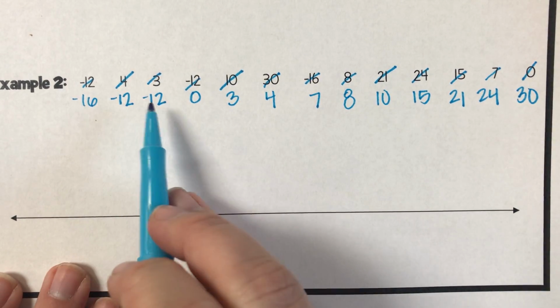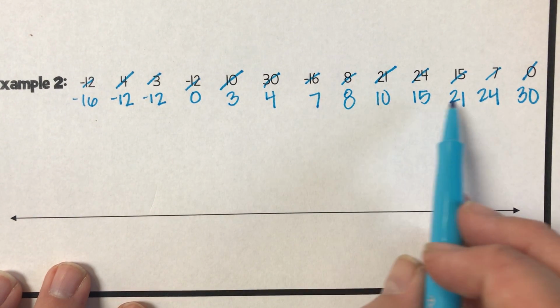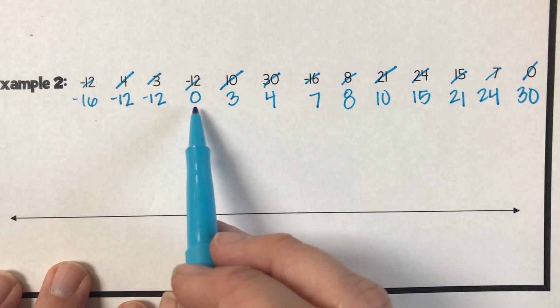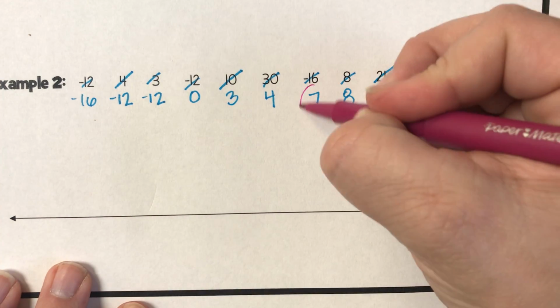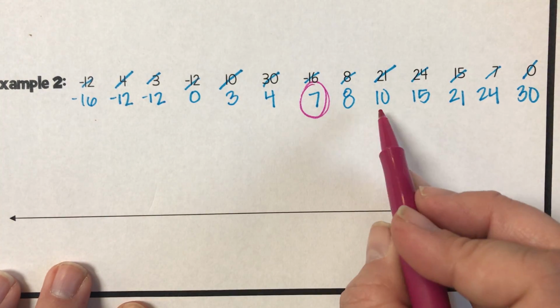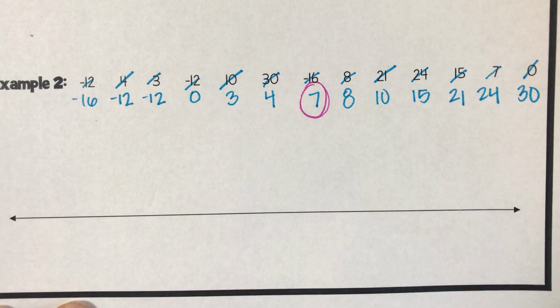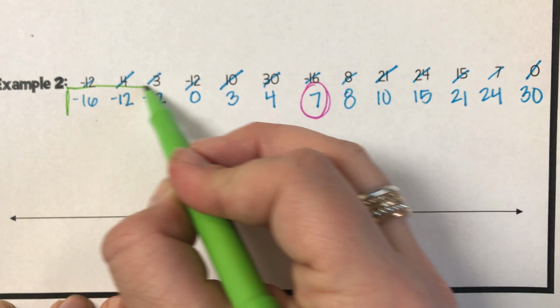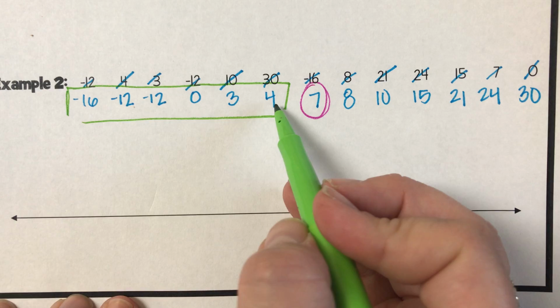So I have 1, 2, 3, 4, 5, 6, 7, 8, 9, 10, 11, 12, 13 numbers. So I'm going to have 1, 2, 3, 4, 5, 6, and then this is going to be my middle, and then 1, 2, 3, 4, 5, 6. So let's talk about finding my lower quartile. Now I only have 6 numbers, right? Down here, 1, 2, 3, 4, 5, 6.